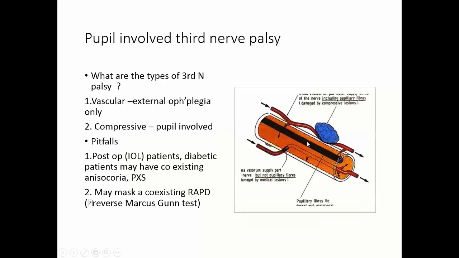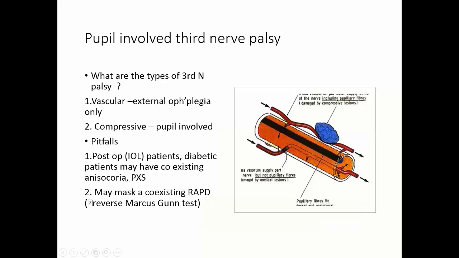This is the cross section of a third nerve. The pupillary fibers travel dorsally and peripherally, so that is supplied by the pial vessels. The pial vessels are sitting on the nerve sheath and send branches into the nerve. A space occupying lesion can compress these pial vessels, so the blood supply is impinged and you get a pupillary defect.